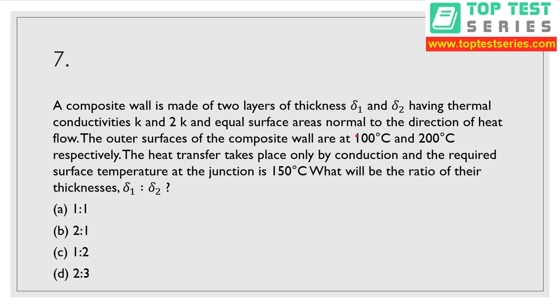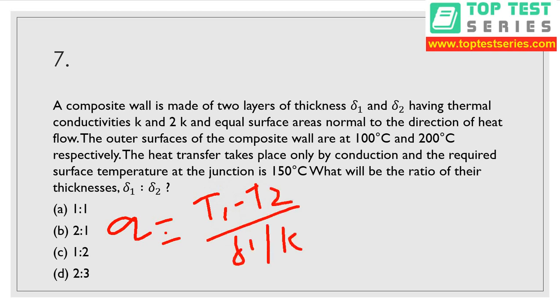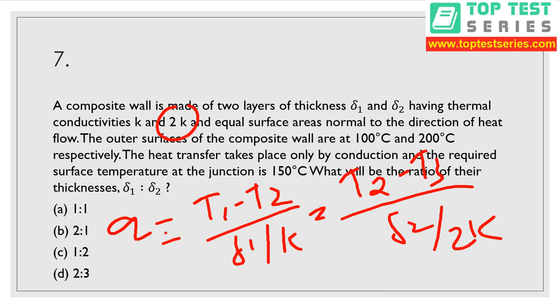So my dear, we know that here we can say heat flux Q is equal to (T1 - T2) by delta 1 by K, equal to (T2 - T3) by delta 2 by 2K, right? Now what is T1 and what is T2? That we have to say.